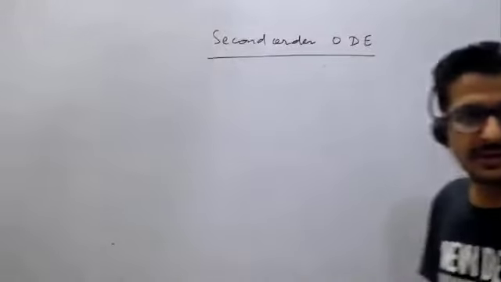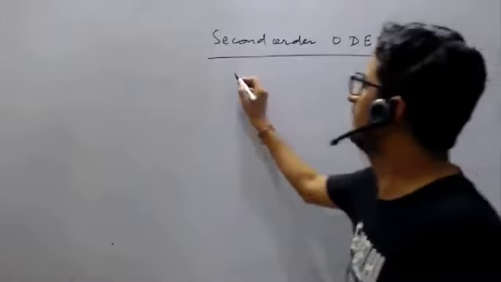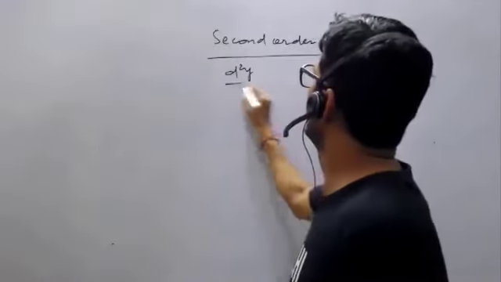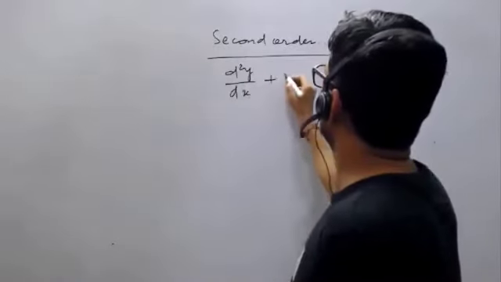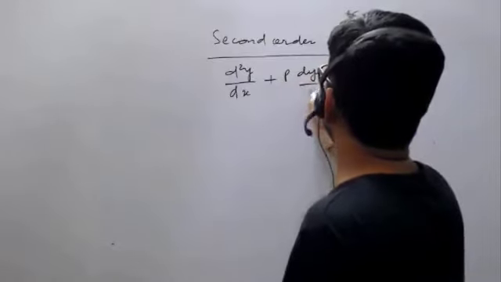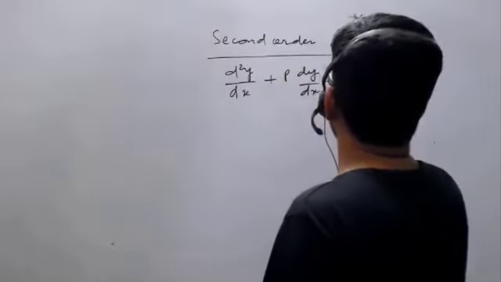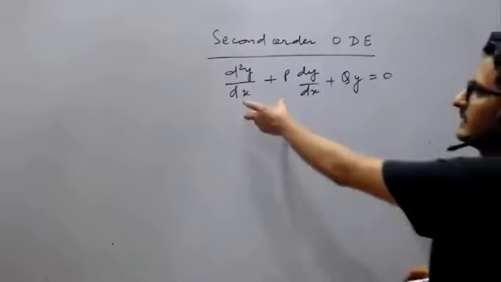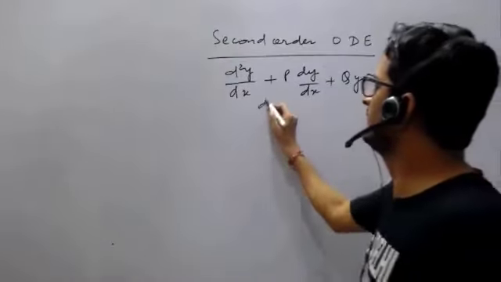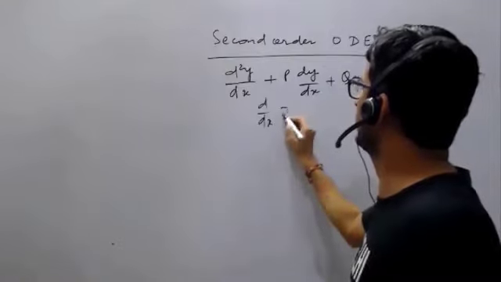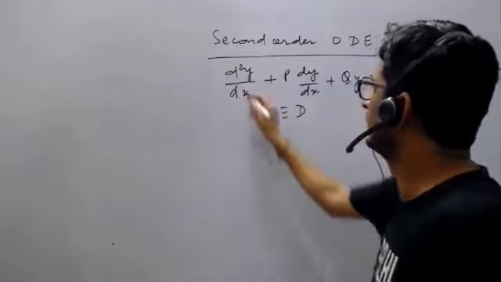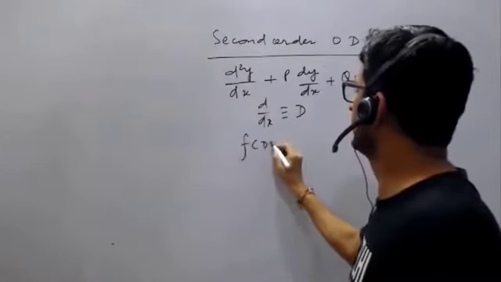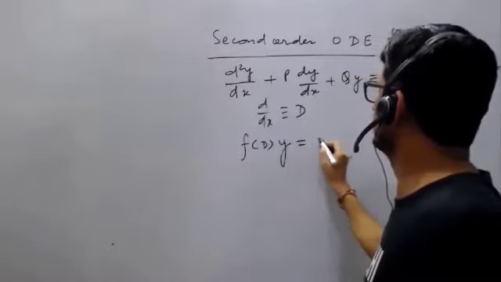Let me take the homogeneous case first. The equation will be like this: d2y by dx2 plus p dy by dx plus qy is equal to 0. This is some operator. If you can see, d by dx is some operator. Let me call it capital D. So this is some operator into y is equal to 0.